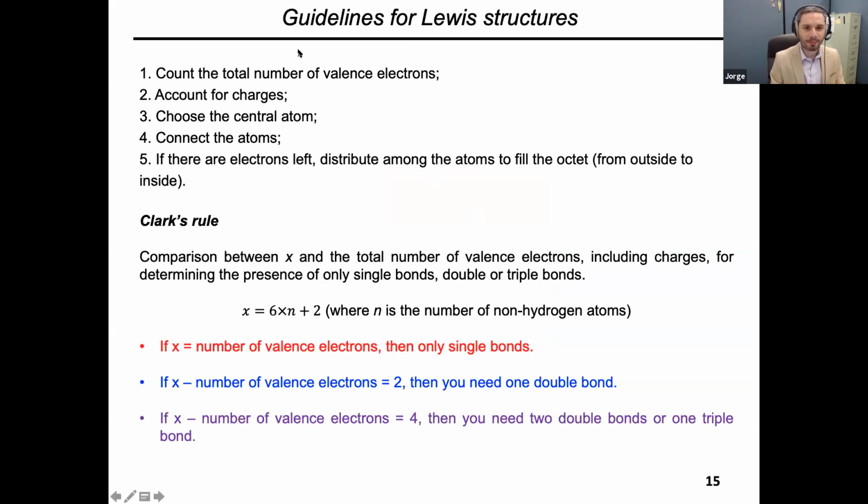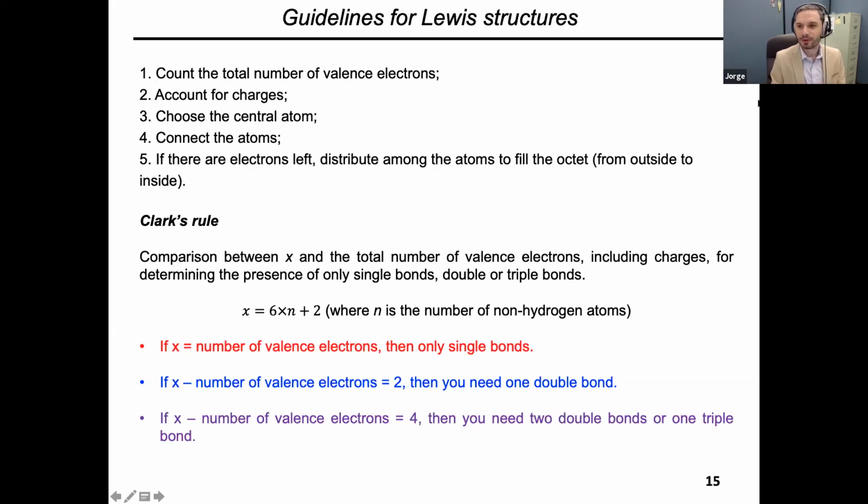The first step is to count the total number of valence electrons, okay? Each element that forms the compound brings a number of valence electrons. So we are going to add all the valence electrons for each element in the formula. So that's our first step.